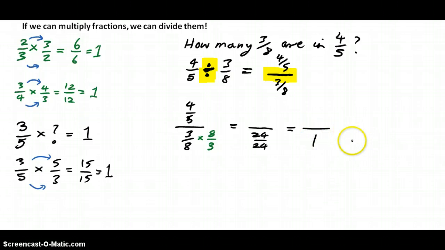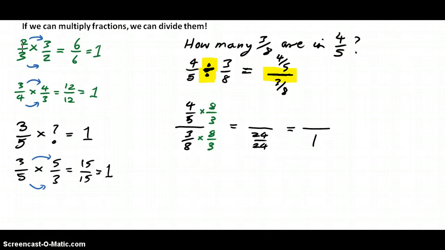Now let's see what we have to do. Let's go back to that first fraction. I chose to multiply the denominator by the fraction that's turned upside down. I did that because I want the denominator to be 1. Now, the thing with fractions is whatever I do to the bottom, I must do to the top.